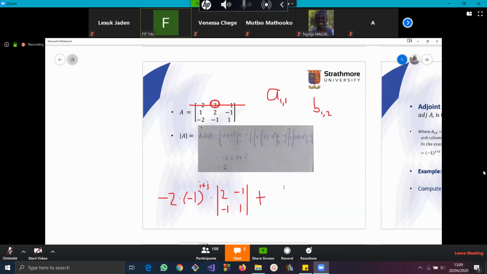My smaller matrix will actually be 1, -1, and -2, 1, like that. So this one means the determinant of this smaller matrix. And we all know how to compute the determinant of a 2 by 2. That is called the base case of this algorithm. It is 2 times 1 minus -1 times -1. Then you'll be able to get the value there.